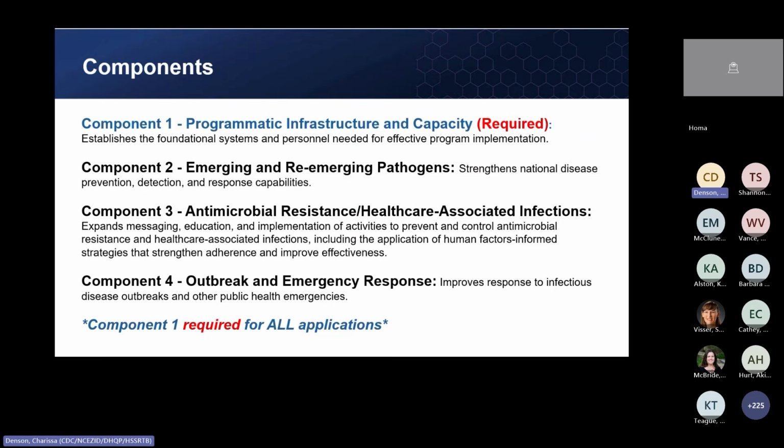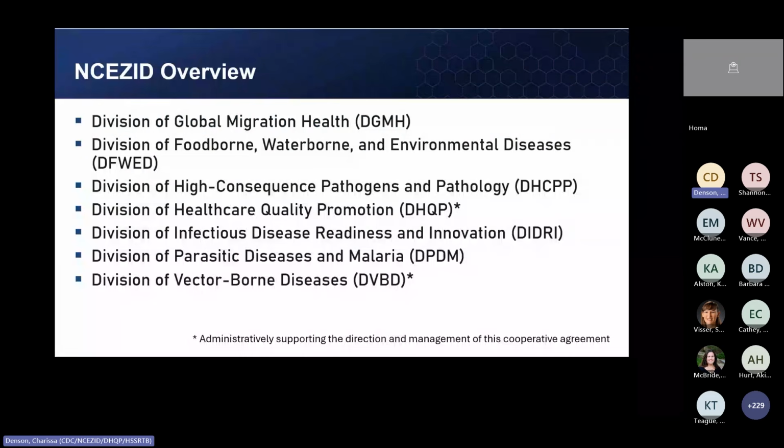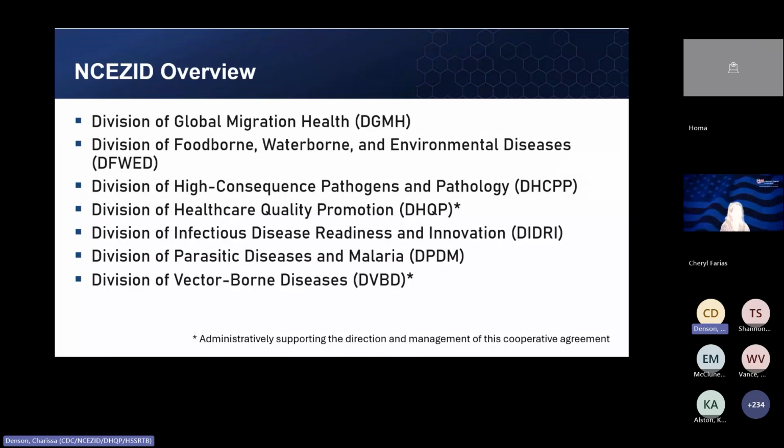Lastly, Component 4 supports outbreak and emergency response activities and provides the flexibility to rapidly address emerging public health threats when needed. Components 2, 3, and 4 allow organizations to align their expertise and propose activities with specific public health priorities.